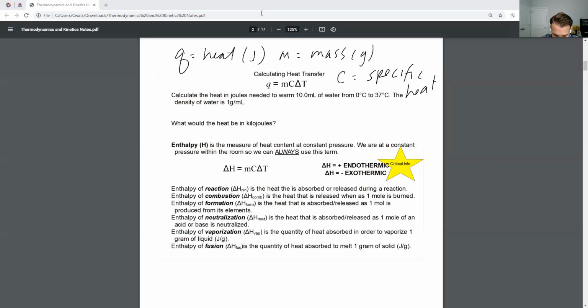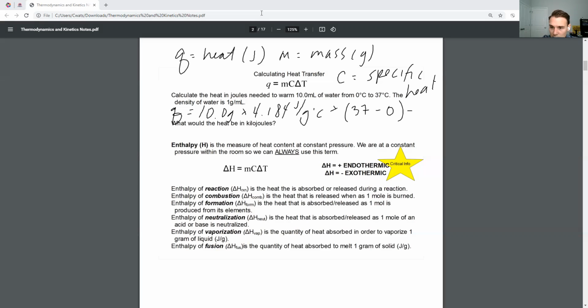Calculate the heat in joules needed to warm 10 milliliters of water from 0 degrees Celsius to 37 degrees Celsius. The density of water is 1 gram per milliliter. So if I have 10 milliliters, I have 10 grams. So I can just plug in my information. q equals 10.0 grams times the 4.184 joules over grams degrees Celsius times, well, it's 37 minus 0, but you get the idea.